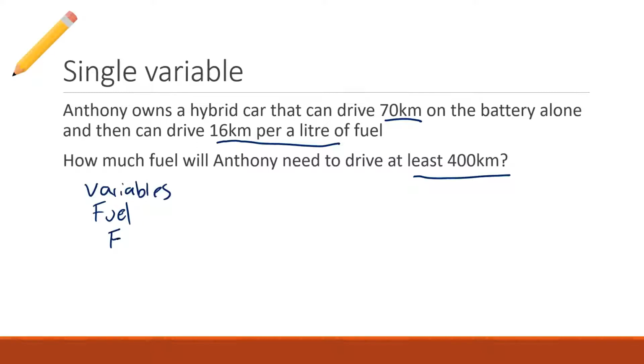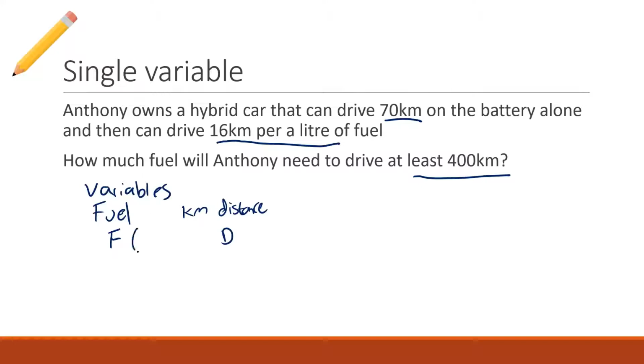Is there another thing that can change that is affected by this, aside from fuel? Kilometers, I think. Yeah, the kilometers we move. I'm going to refer to this as distance, and let's use the symbol D. In a question like this, we are changing the amount of fuel, and that's changing the distance that we can travel.